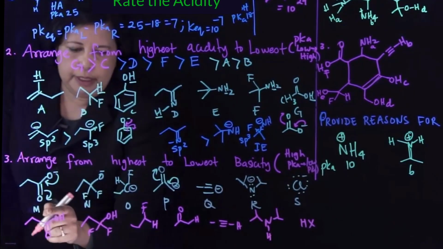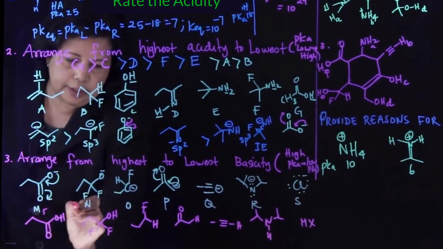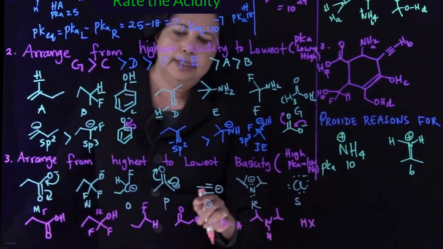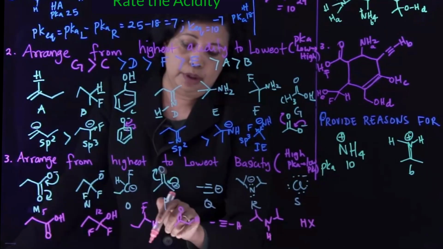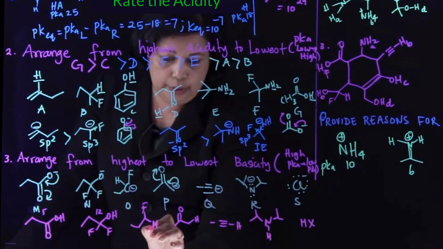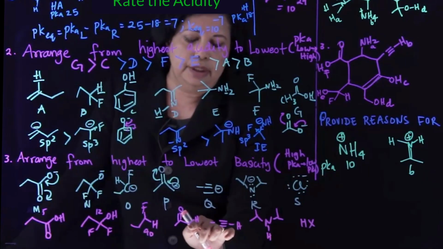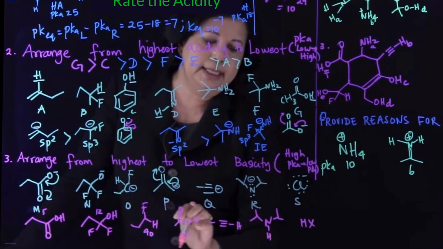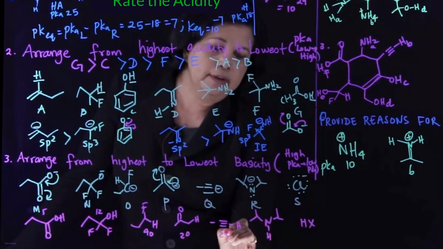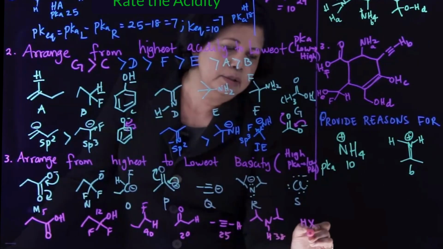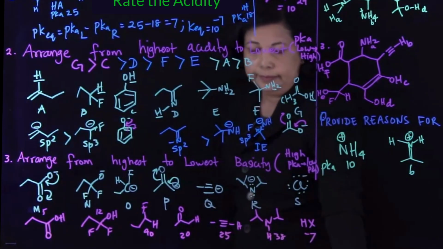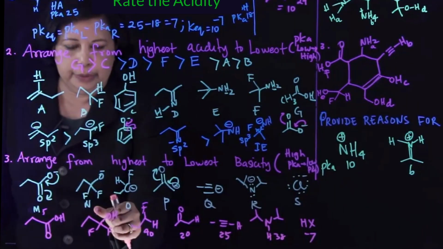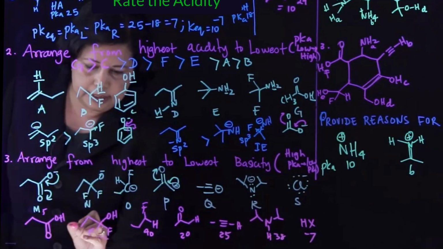This is going to be about 5, this is going to be about 16, but with these it might go down to like 12. This is a CH proton, so I would say this will be in the 40s range. This is going to be next to this and resonance, so this is about 20. This is about 25, this is 38, this is -7 if it's HCl. So then all you have to do is arrange it according to the pKa values.